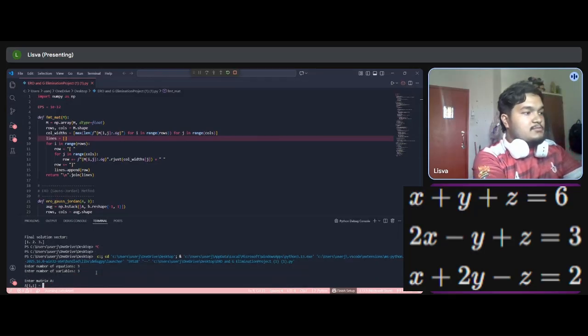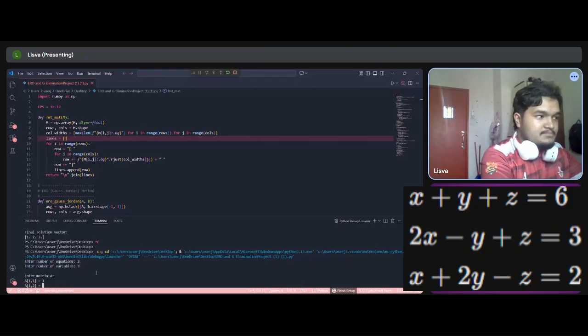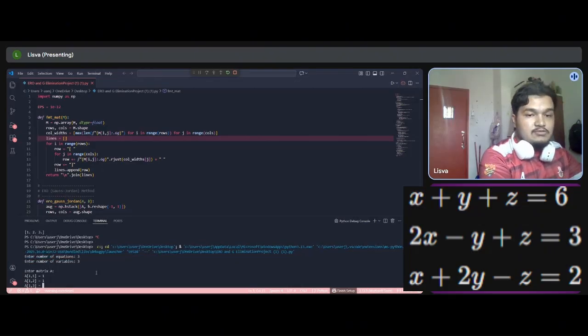Okay, so what our program basically asks now is what is the first element in the first row. So basically the very first equation. As for our x, there's only 1, so we should just type 1. Next, our y is also 1, and our z is also 1.